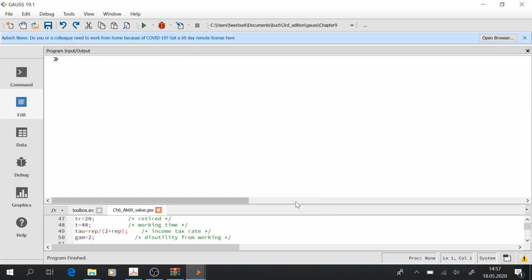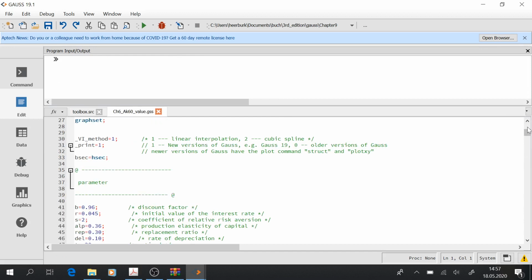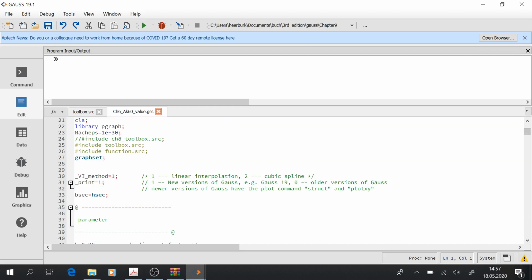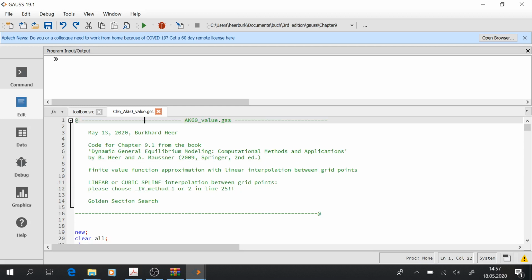So once you're ready, let's go on and debug our code. So you should have something like this in front of you, the GAUSS program chapter 6 ak60value.gss, which uses a library search, and it includes a couple of source codes, toolbox source and function source, which should be in the same directory so that the program compiles and runs.